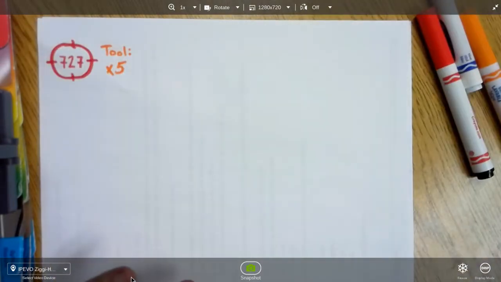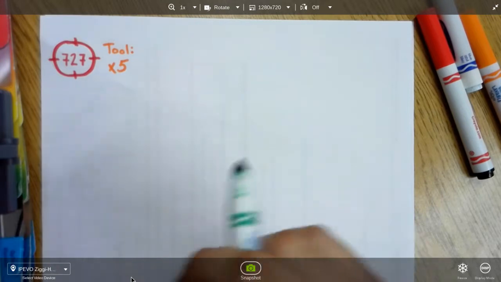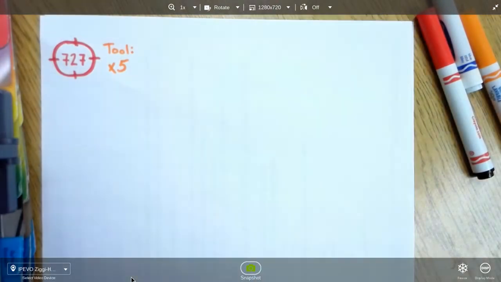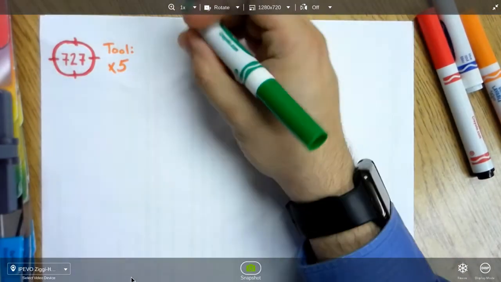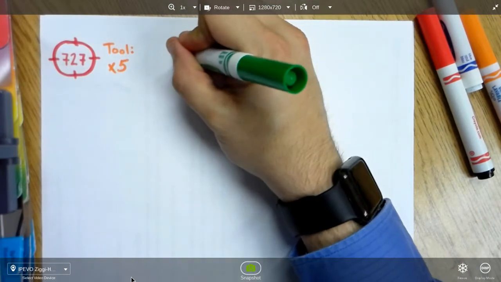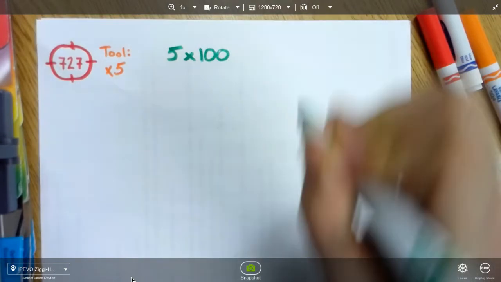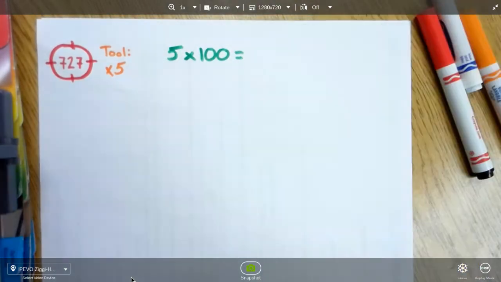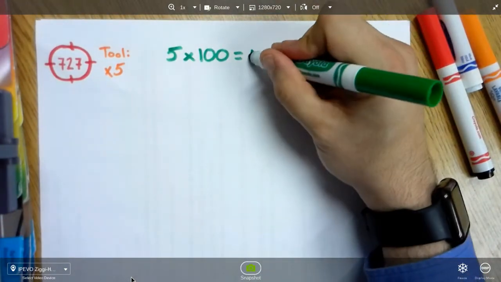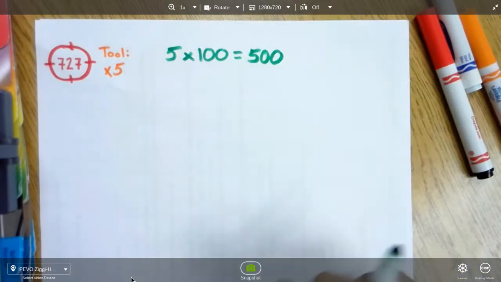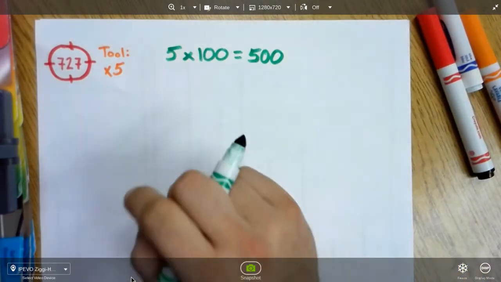Let's do another one. I've got 727, and I'm going to capture it using times 5. I know that 5 times 10 is 50. 5 times 100 is 500. Let's try that. Let's do 5 times 100. Well, 5 times 100 is 500. Okay, that's a little bit low.